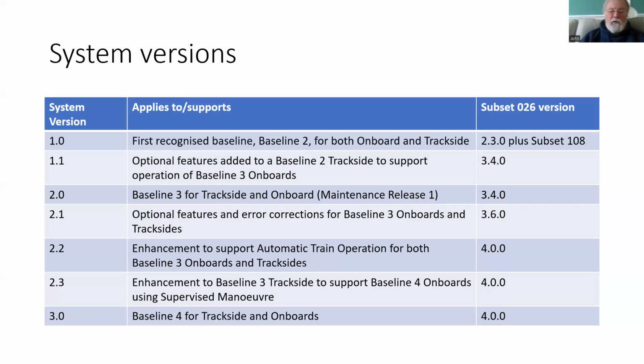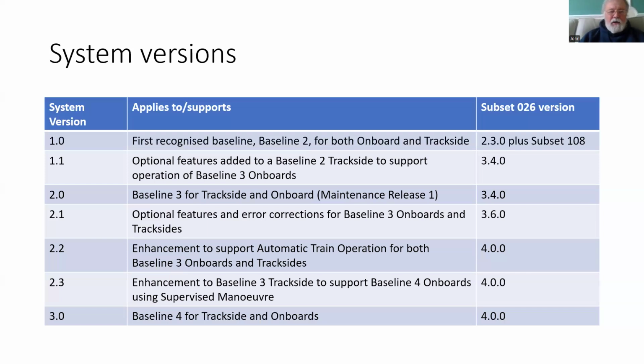System version 2.2 has been introduced to specifically allow the introduction of automatic train operation, both for a baseline 3 onboard operating on a baseline 3 trackside. This is because it was perceived there was a commercial advantage to the industry in being able to introduce ATO without having to upgrade the trackside to baseline 4.